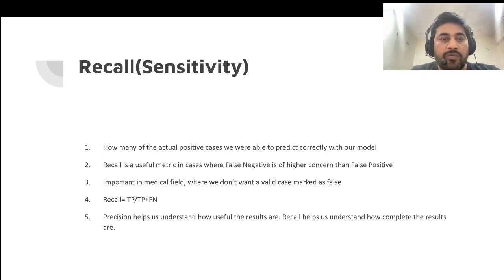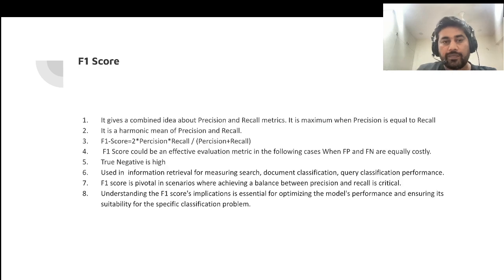For similar cases, we go for recall or sensitivity. And how do we calculate recall? It is true positives divided by true positives plus false negatives.